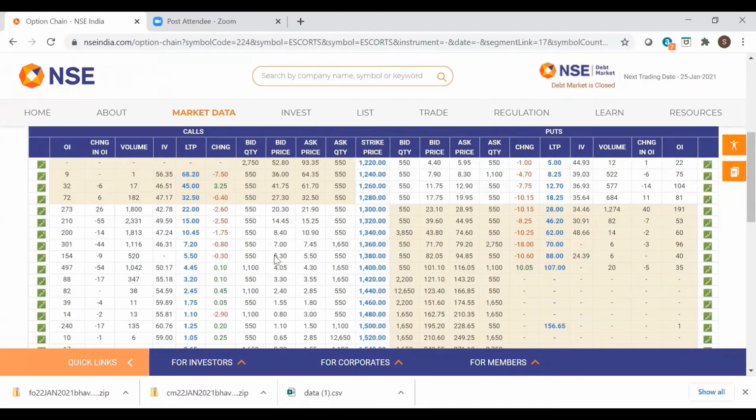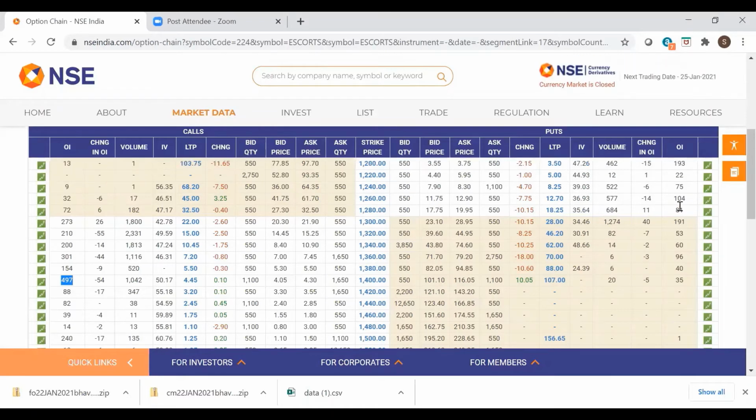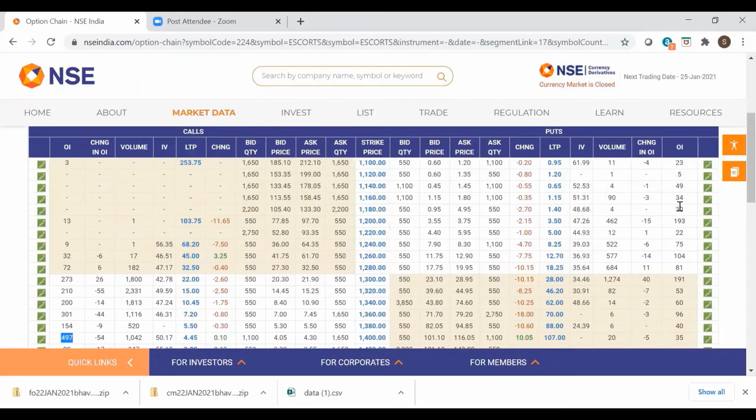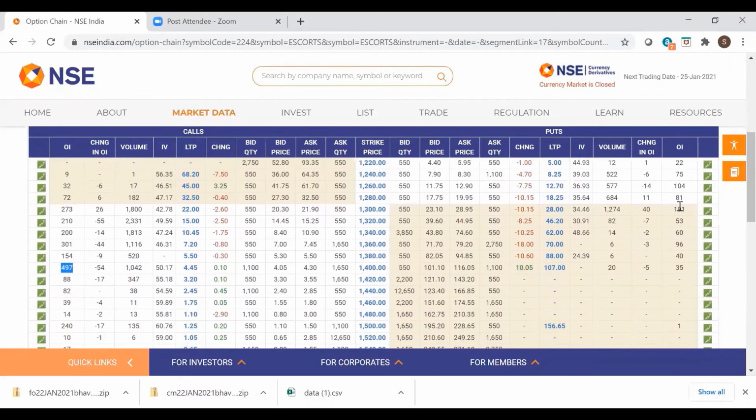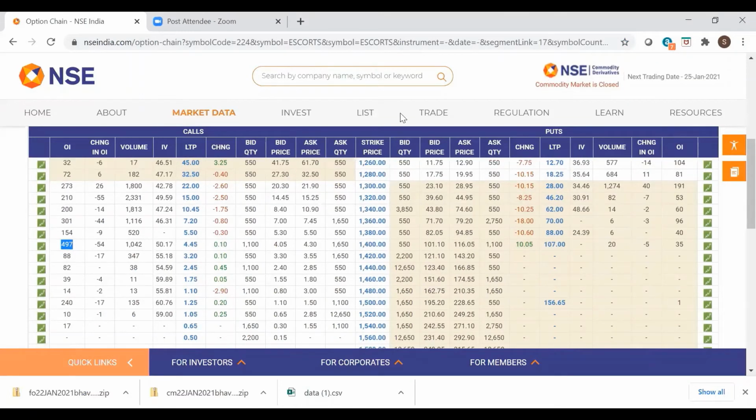So the highest call writing is happening in 1400 CE, and the highest put writing is somewhere around 1300.